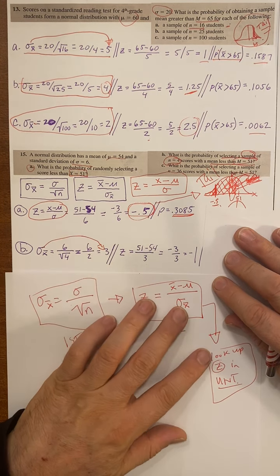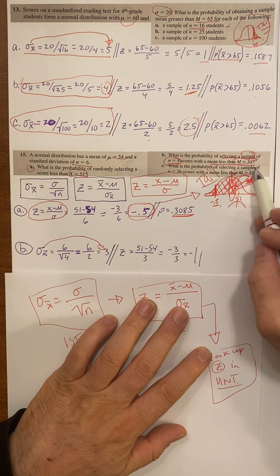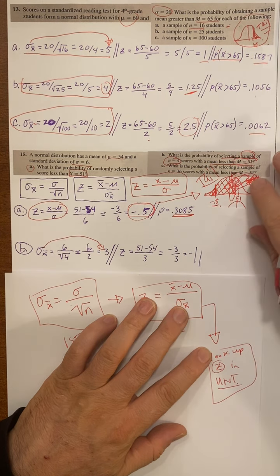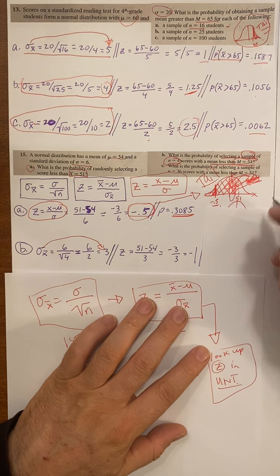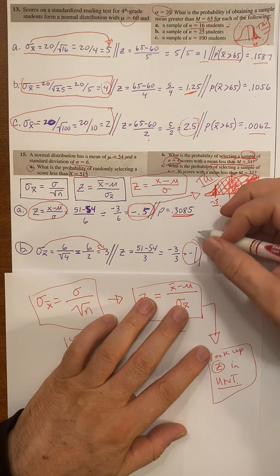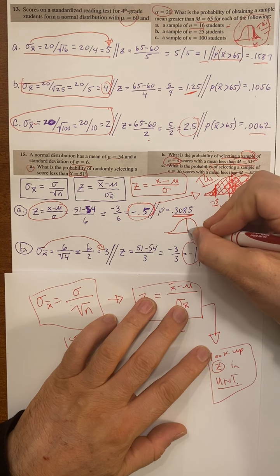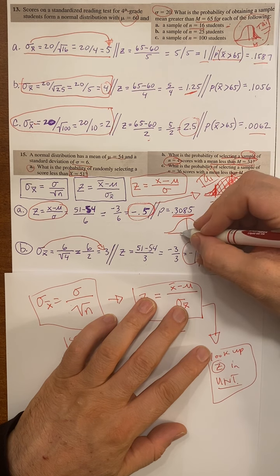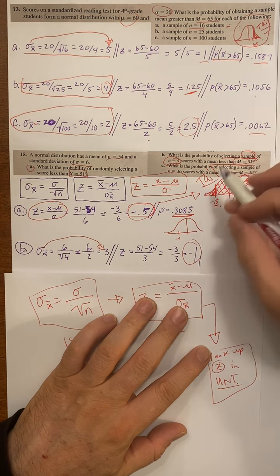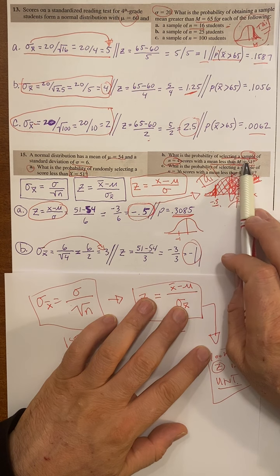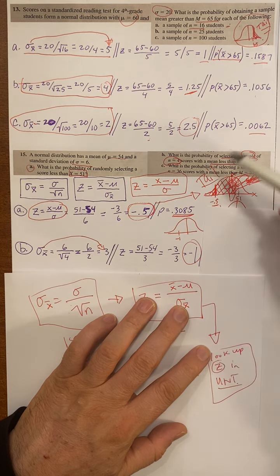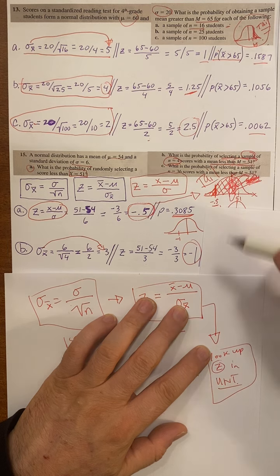The question is asking, right, so with a mean less than that. So now I guess I shouldn't draw the curve until I know what my z value is. So now I'm going to go and draw the curve. I see that my mean value is this negative 1. And the question they're asking is, what is the probability of selecting a sample of scores with a mean less than that?